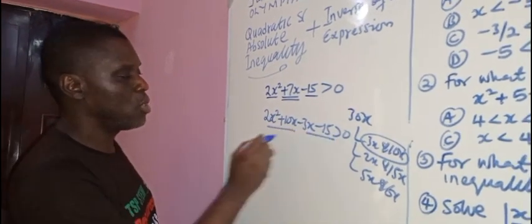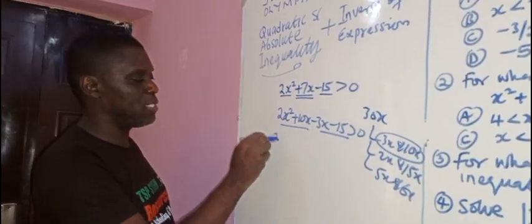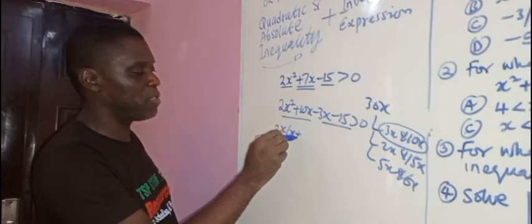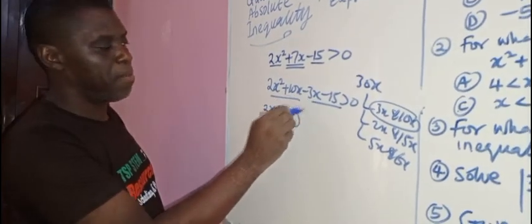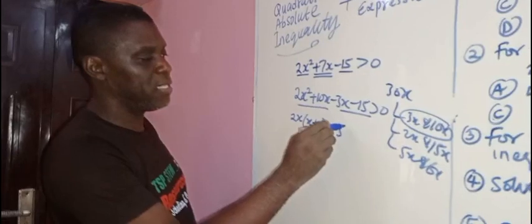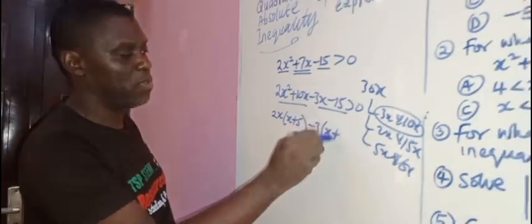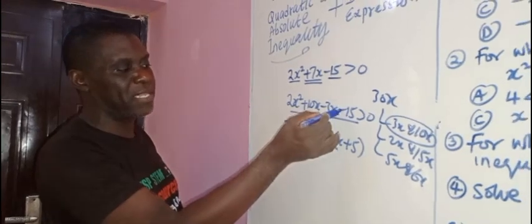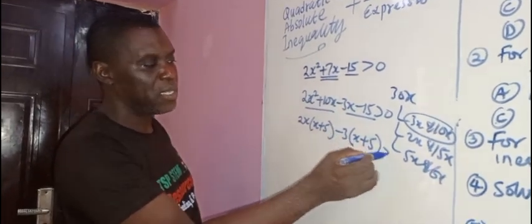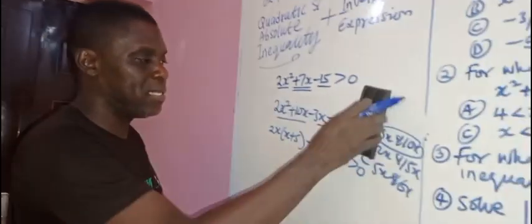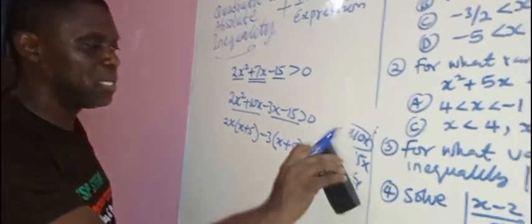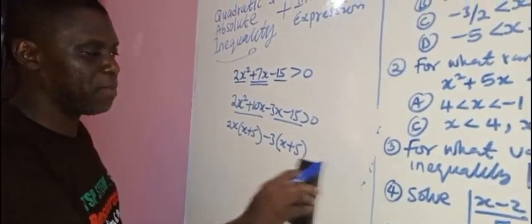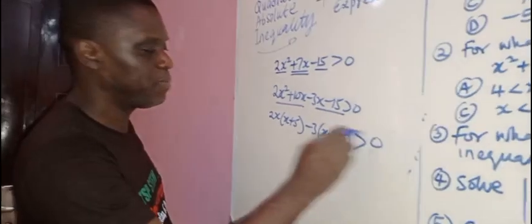Take it 2 by 2. 2x is a factor here, we have x plus 5. Minus 3 is the factor here, we have x plus 5. Don't forget, when there's a minus before the bracket, the sign inside changes, greater than 0. So I can clean this. This one is just to help me get that splitting done, so that I can put this down in proper perspective.